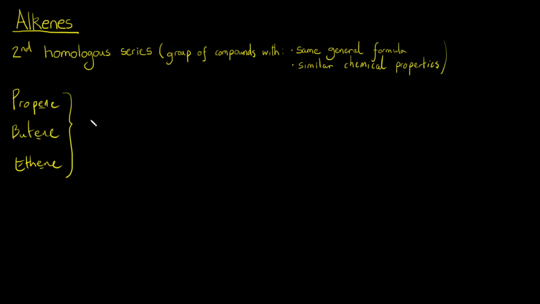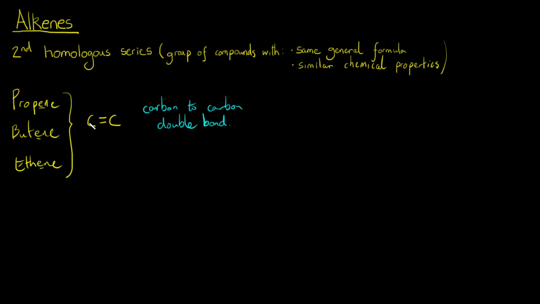It tells you that all of these compounds contain a special type of bond called a carbon to carbon double bond. And that basically means exactly what it says on the tin.